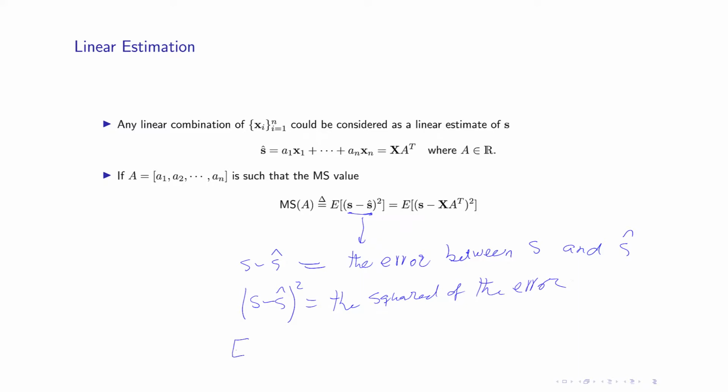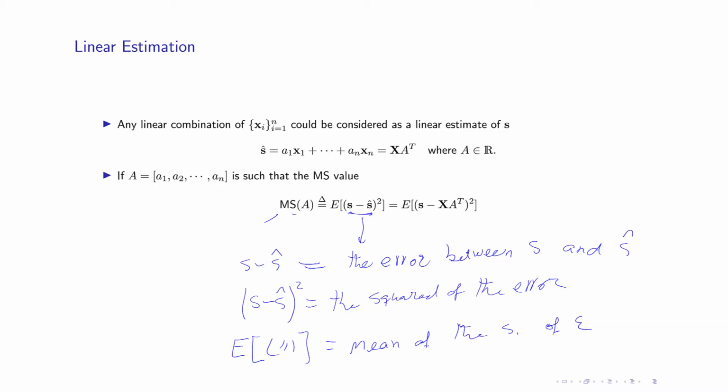Then when you put an expected value on this, it becomes the mean of the squared error. This is why we call it mean square error.